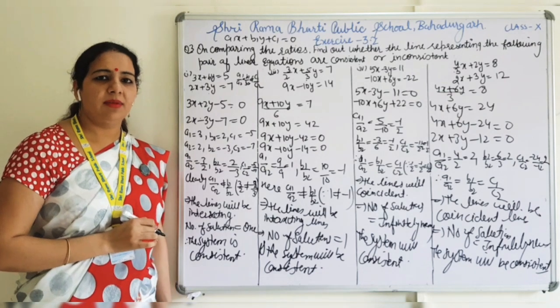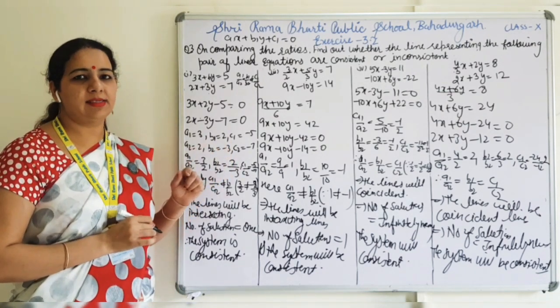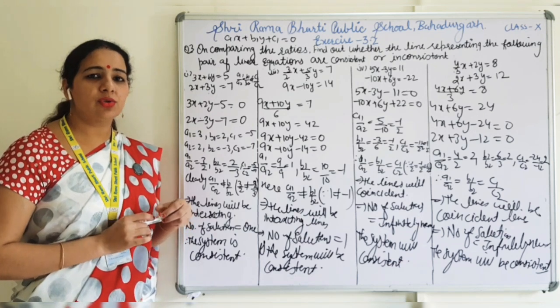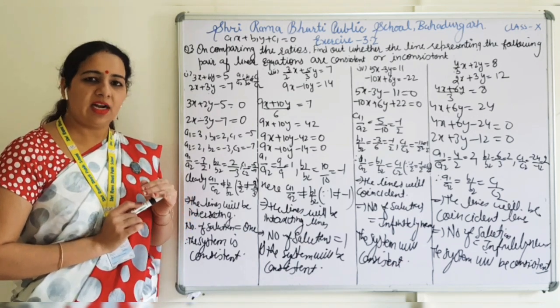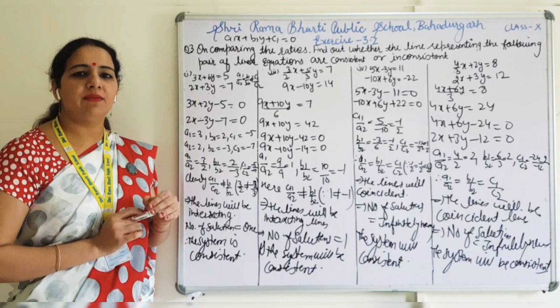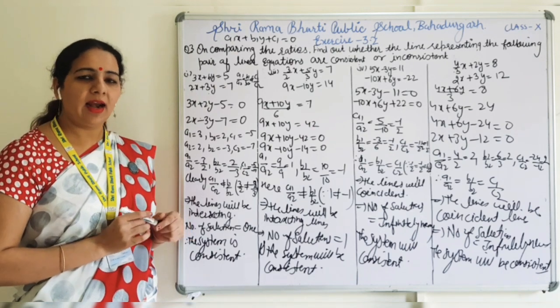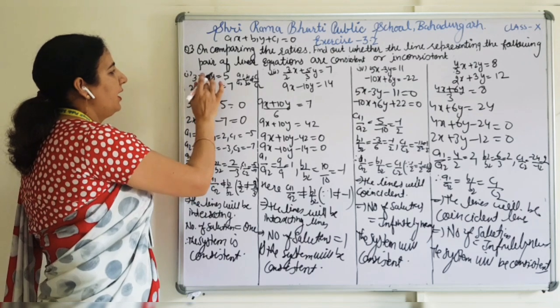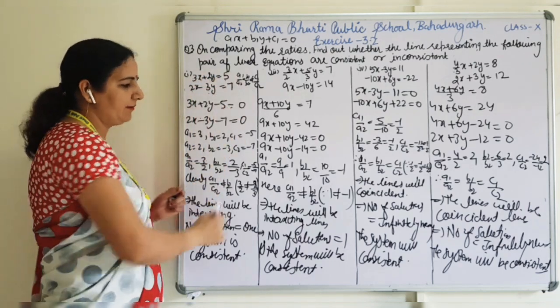So this time the lines will be parallel lines. And how many solutions will it have? 0 solutions. Zero solutions means no solution, so the system will be inconsistent and the lines will be parallel. But they have given minus 3 and 2, so for this we have solved this one.